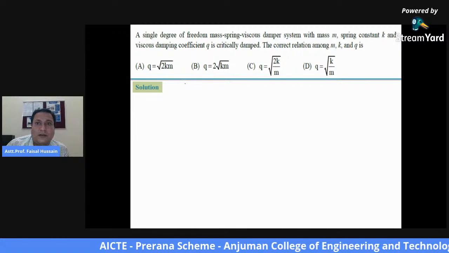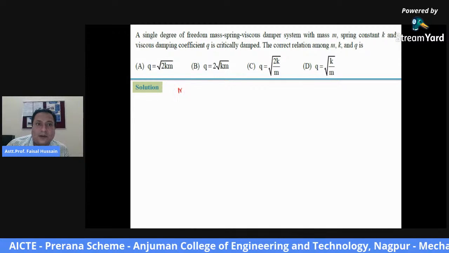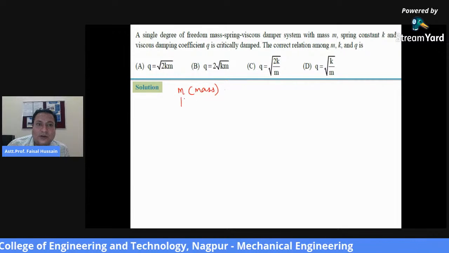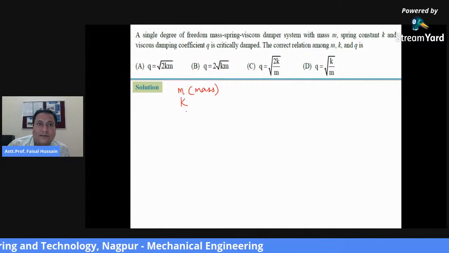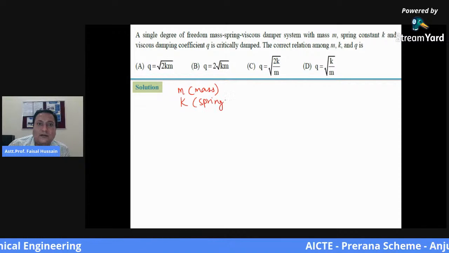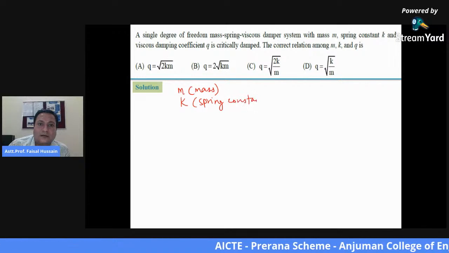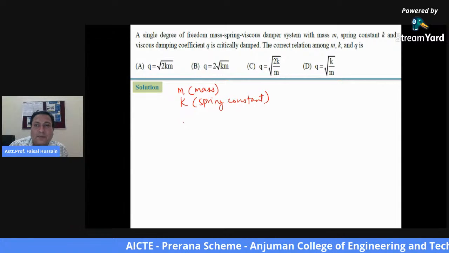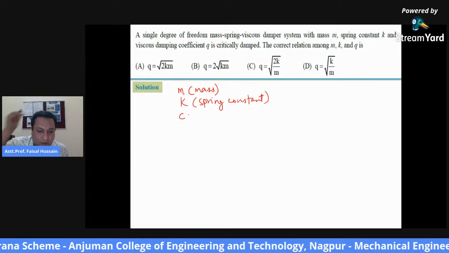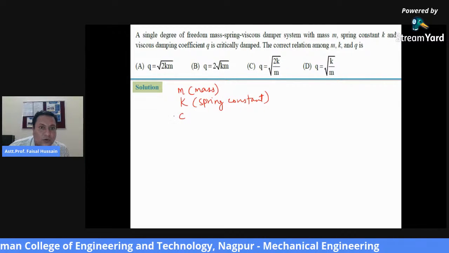Solution: first of all, mass m is your mass, spring constant is your k, and viscous damping coefficient C is your q.